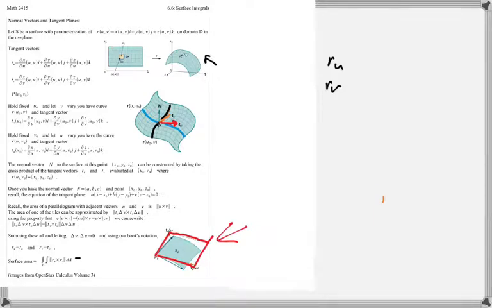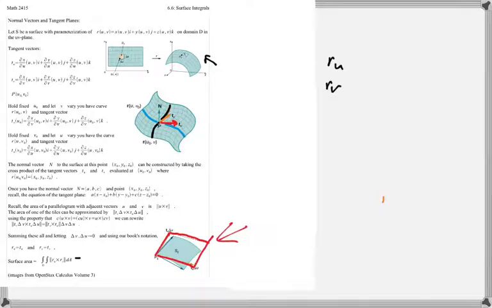Using the property that a constant times the cross product of u and v is the same as the constant times vector u crossed with v, which equals u crossed with cv, we can shuffle the constants delta v and delta u.